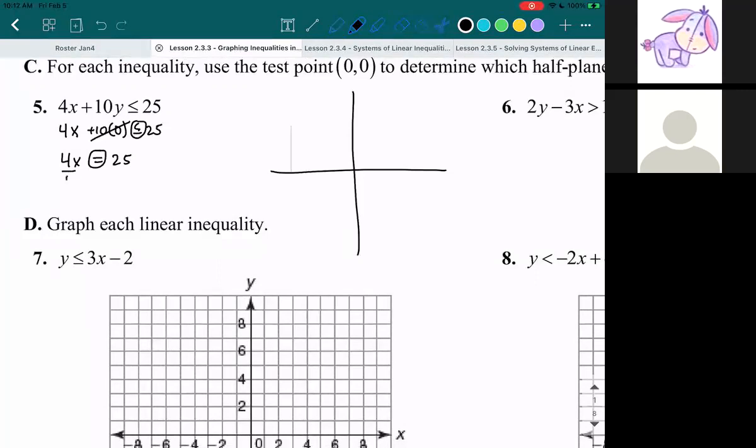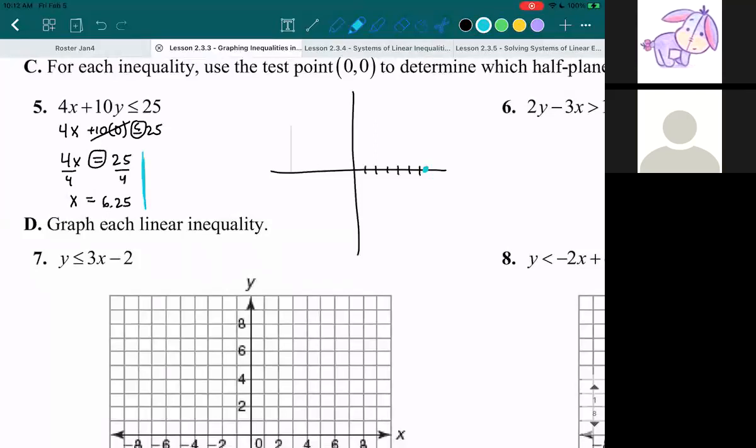So then we divide by 4, and you get x is equal to, let's see, what is 25 divided by 4? 6.25. Okay, so I'm going to go over 1, 2, 3, 4, 5, 6.25, and I'm going to put a dot here. Okay, so we just found our x-intercept.